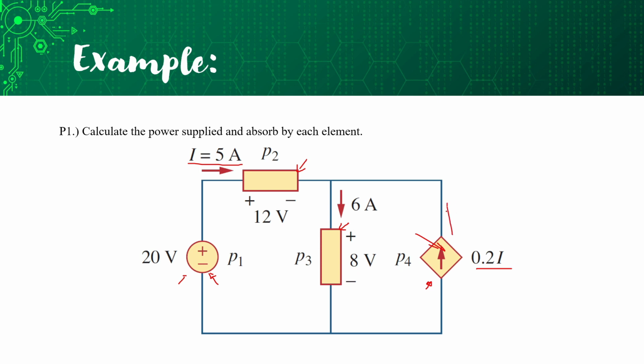Since the condition refers to our current, this dependent source is a current controlled current source because it gives a current. That's how you identify the dependent source. If it were a voltage in here, then it would be a voltage controlled current source. So that's how you identify it.